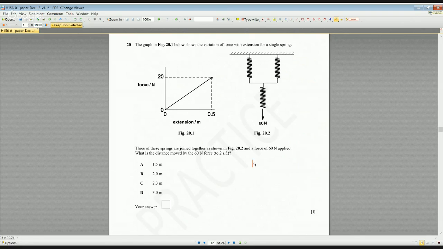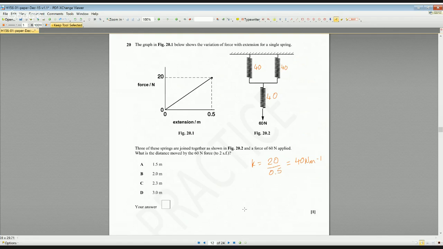We can use that, as we did earlier, to do k equals 20 divided by 0.5, which gives us a spring constant of 40 newtons per meter. So we know what we're working with now. This one is 40, this one is 40, and this one is 40.